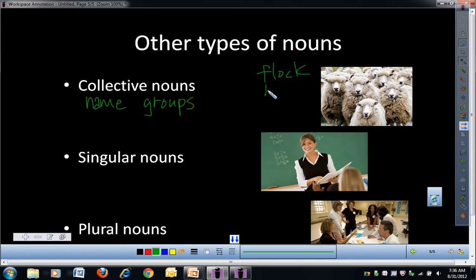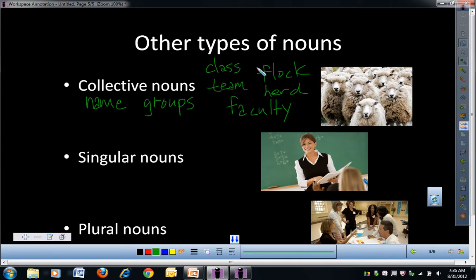You might have a herd of cattle. A group of teachers is going to be the faculty. A group of students is going to be the class. And then a group of sports enthusiasts, athletes, is called a team.